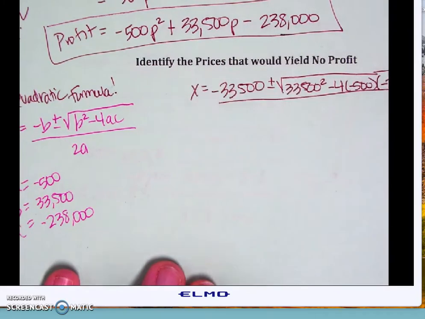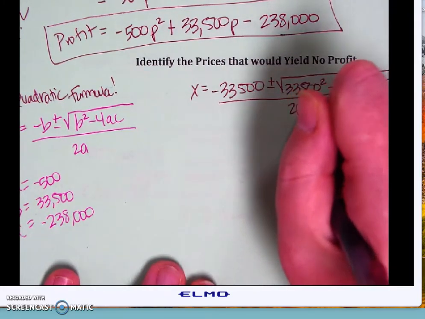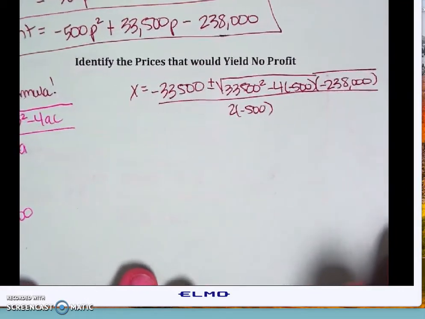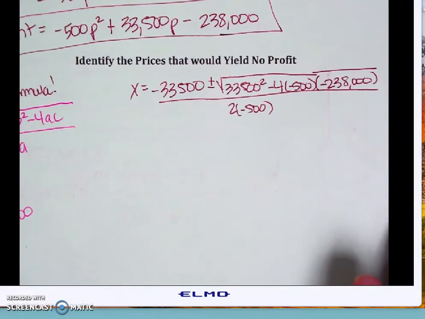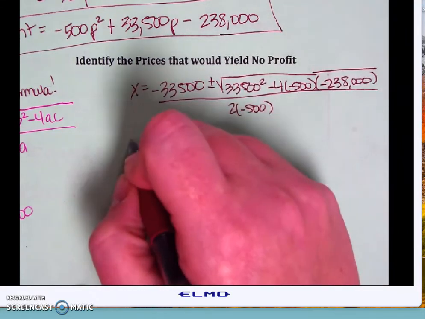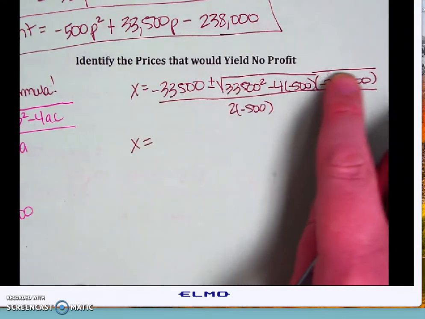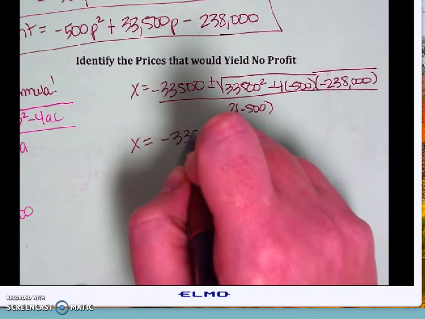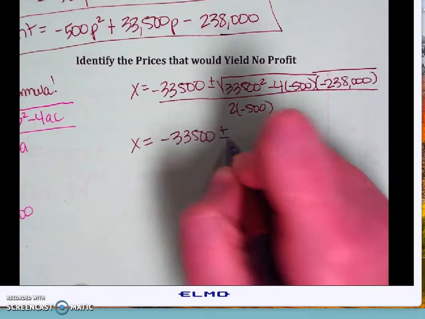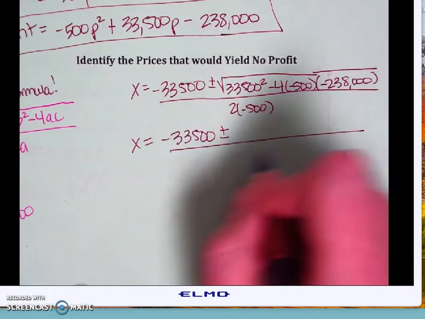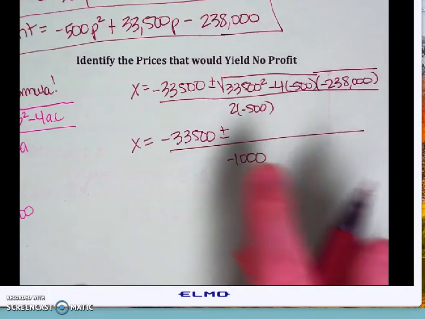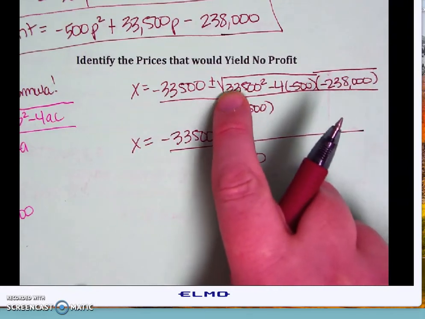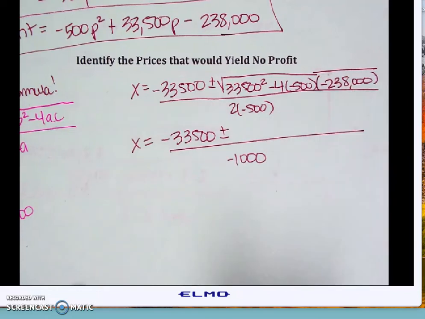And that's all over 2A, 2 times negative 500. Okay, from here we'll simplify. We'll start with the radicand, the thing that's inside the radical. Go ahead and take a minute and substitute this into your calculator, and then take the square root of that number.